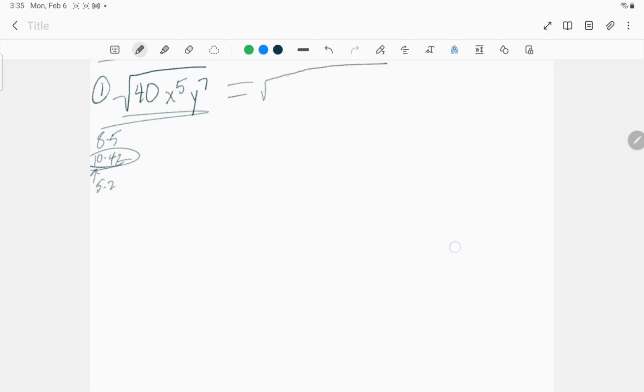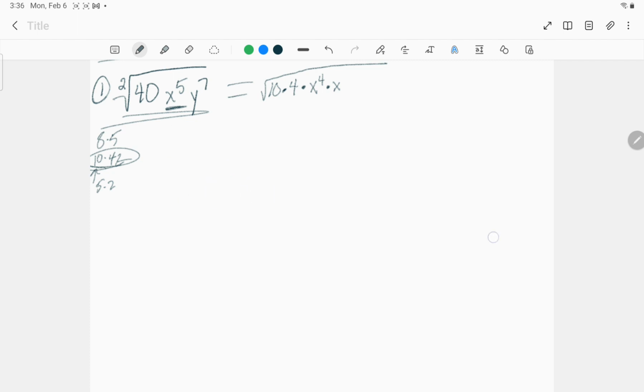Okay, so I'm just going to break it all down under the radical here so that y'all can see it a little bit better. Okay, so here I have x to the 5th power. How do I simplify x to the 5th power? This is squared, so 5 divided by 2 is what? 4 with 1 left over. Okay, so x to the 4th with 1 left over.